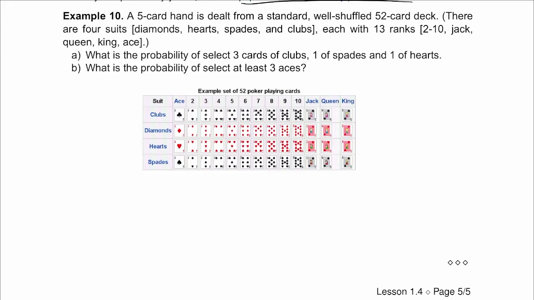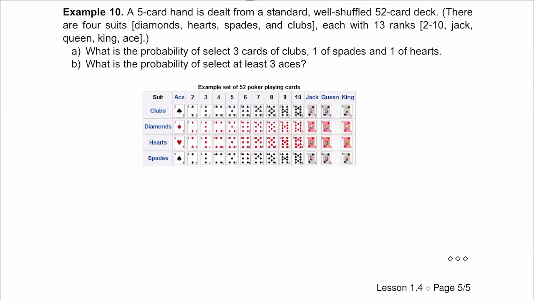Well, we know that we have 13 cards from each suit, right? 13 of them. And we are asked, what is the probability of selecting 3 cards of clubs, 1 of spades, and 1 of hearts?